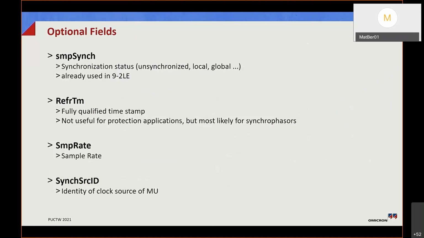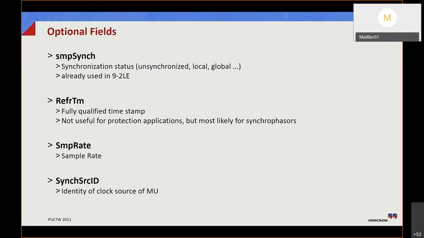We already had the sample sync. One of the new ones that is now to be considered is this refresh time, but I think not for the protection people. Maybe when we use that for synchrophasors, you're not sending a fully qualified timestamp 4,800 times per second.